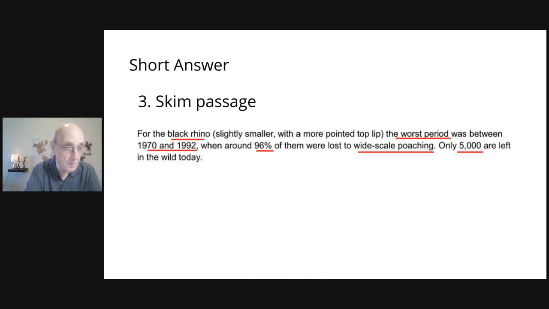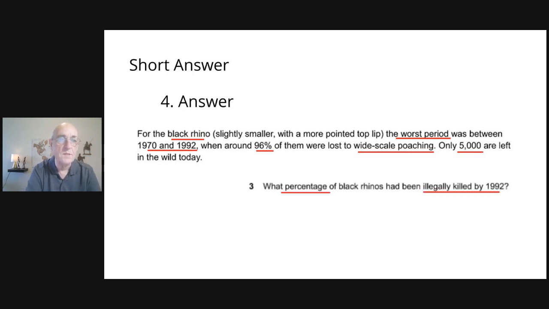We have a good number that we need to be aware of, 96. And we have wide scale poaching. Wide scale is another adjective noun combination. And again, the number 5,000. So you can see how these types of keywords are going to be so important in helping us identify the right information. So what percentage of black rhinos had been illegally killed by 1992?